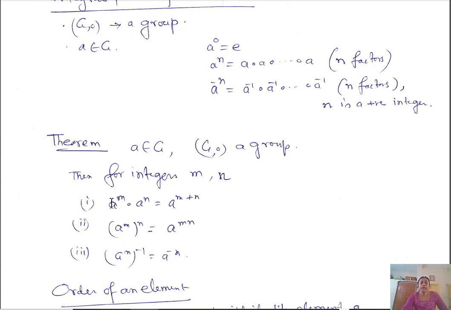A to the power m means A is composed with itself m many times. Again I am taking composition with A to the power n, that means A is composed with A n many times. So total A is composed with itself m plus n many times. So this is your argument. Same way you can get these identities.